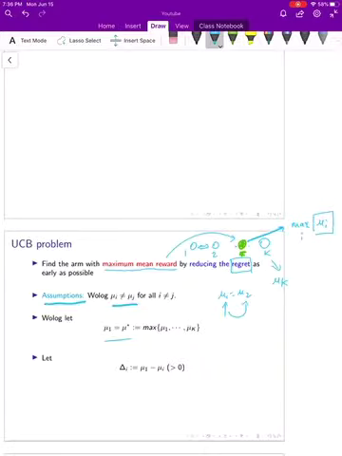And we'll define a new parameter called delta_i, which is the difference between the best arm's reward and the ith arm's reward. This delta_i is positive because we have already assumed that mu_1 is greater than mu_i for all i.